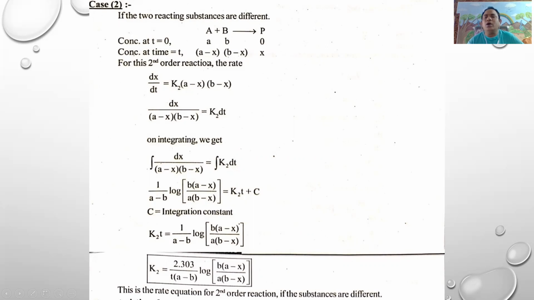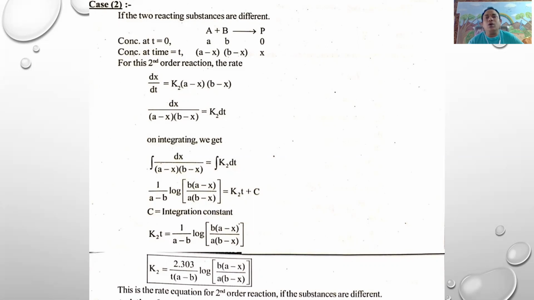Again, according to the law of mass action, at constant temperature the rate of reaction is directly proportional to the product of the concentrations of the reactants. That is, the rate dx by dt is directly proportional to (a minus x) to the power of 1 into (b minus x) to the power of 1.